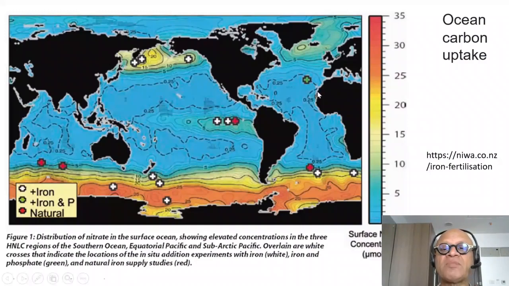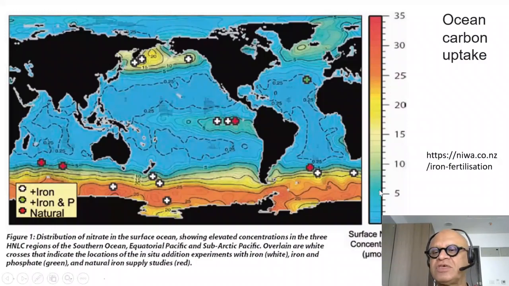Okay, so there are places where iron and phosphorus are limiting, like this one here, and there are experiments done where either iron was added or iron and phosphorus were added, or natural processes of photosynthesis and uptake of carbon were observed.